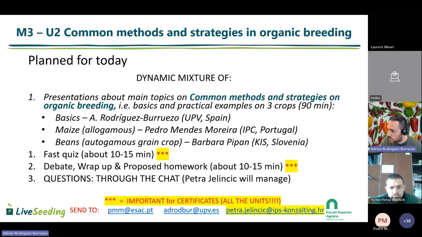Also important, as always, marked in red, and important for certificates in all the units: to get the certificate, it is important to fill in the quiz and put the answers in the body of the email. In the case of this unit, the quiz should be sent to Pedro, PMM, ESAC PT of Portugal, to my email, and, very important because she does the first checking, to Petra's email.